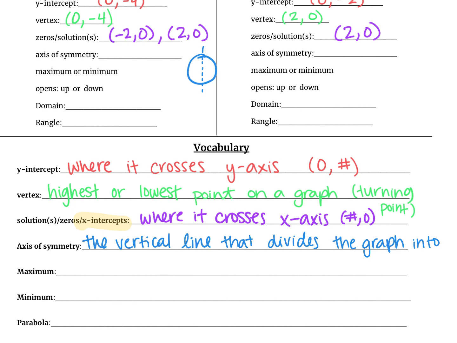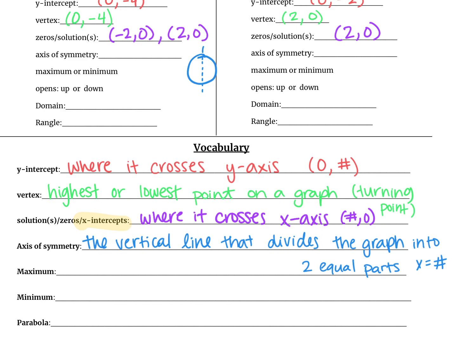So I'm going to have to go down to the next line here. Into 2 equal parts. And this will also always be an equation because it's a vertical line. So that means it's going to be an x equals equation always. So x equals some number. So the axis of symmetry is the vertical line that divides the graph into 2 equal parts, and it's going to be some x equals a number equation.